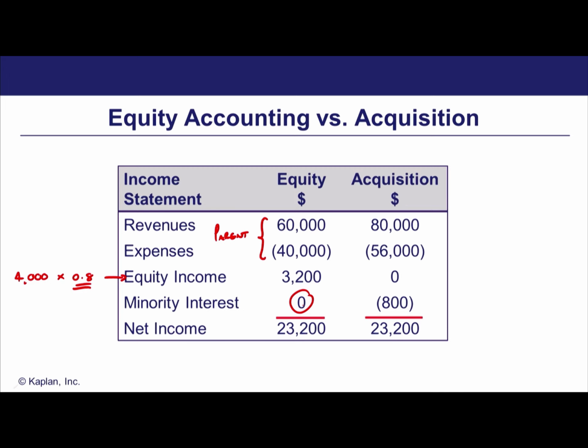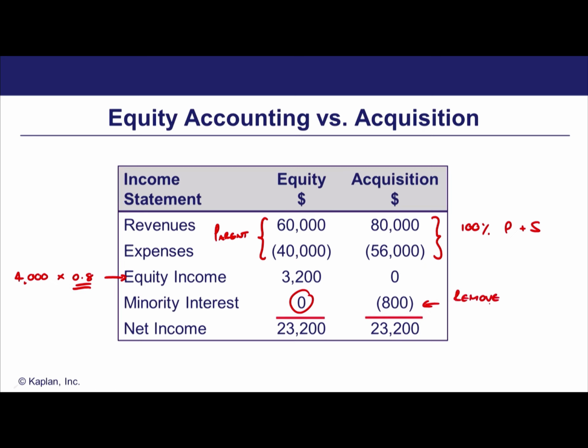Now, under acquisition accounting, when we look at revenues, of course, and expenses, we're seeing 100% of the parent company and the subsidiary company added together. Okay, now that means, of course, we've brought in revenues and expenses that don't belong to us, so then we need to remove earnings that didn't belong to our shareholders.